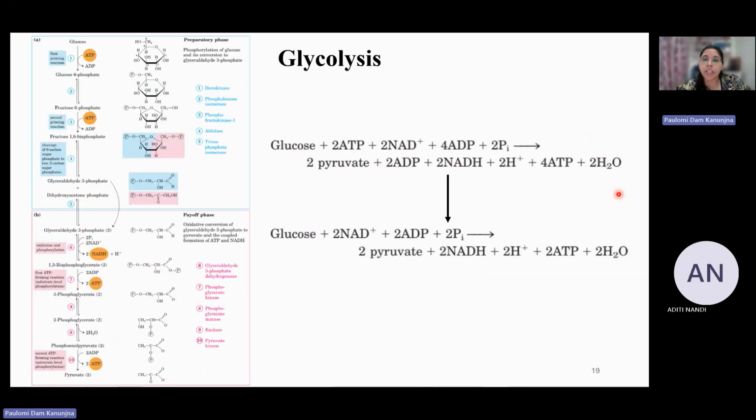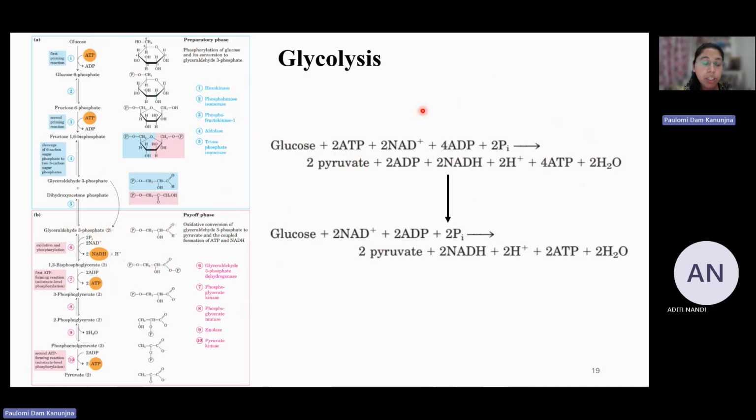We'll see the equation. So let's see. This is what the overview is. So you have glucose, you have 2 ATP, which is being used. You have 2 NAD plus, 2 because one glyceraldehyde 3-phosphate is using 1 NAD. So 2 NAD plus 2 ADP, and of course 2 Pi, 2 inorganic phosphates.